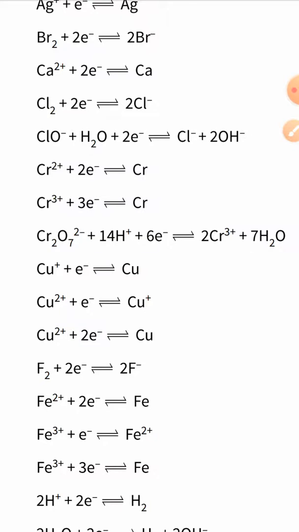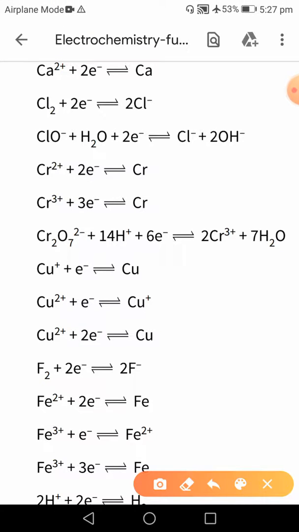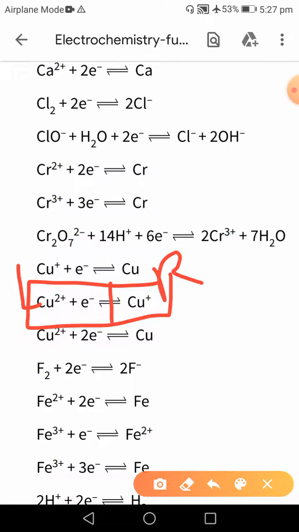Just try to remember that in an electrode potential equation, there are two sides, the left side and the right side. The right side will always contain the reduced form, and the left side will always contain the oxidized form.